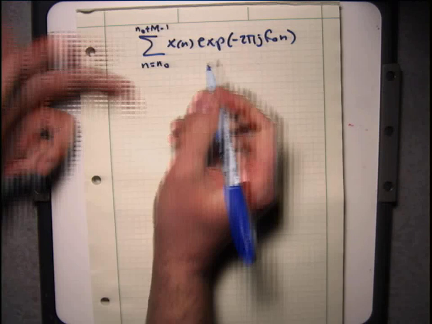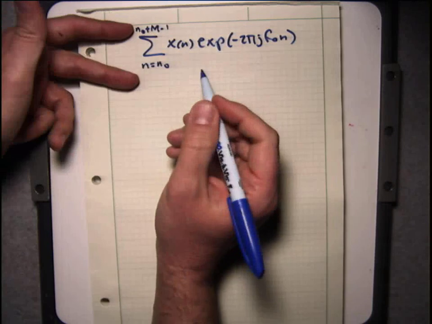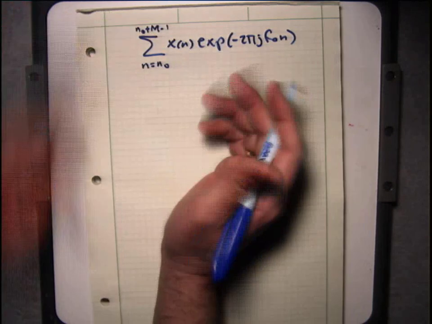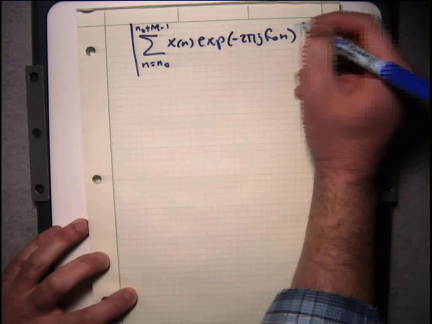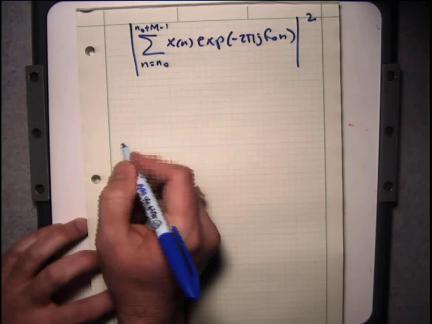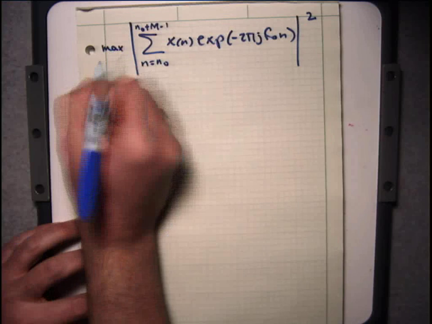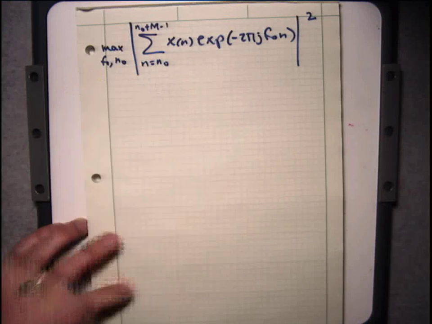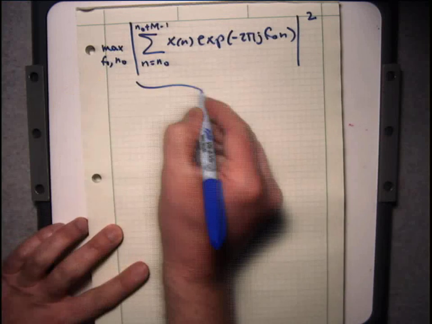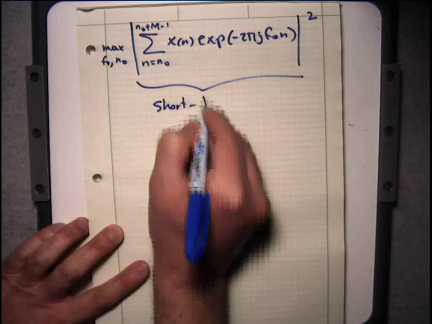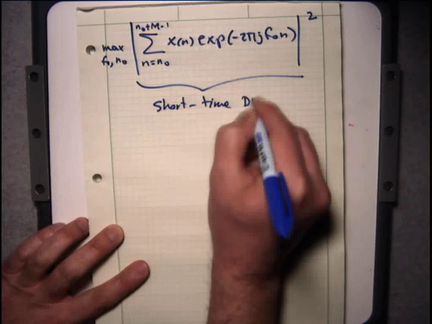So you're going to have some length, a signal of length M that you're going to assume, and M may not even be known. Then you take the magnitude of this squared and maximize it over the frequency and the start time that you don't know. And this here is what we call the short time discrete Fourier transform.